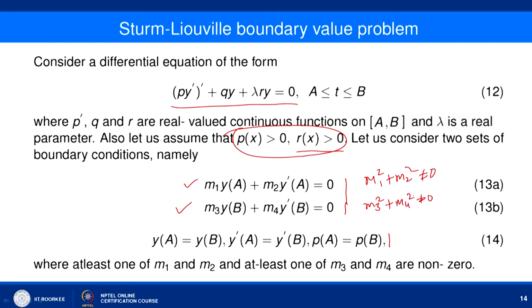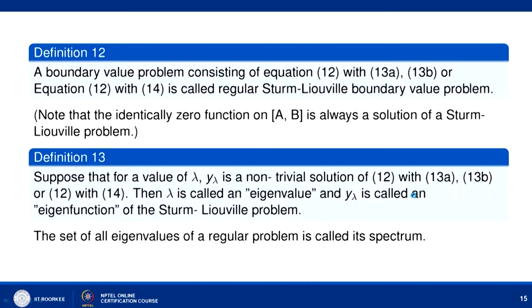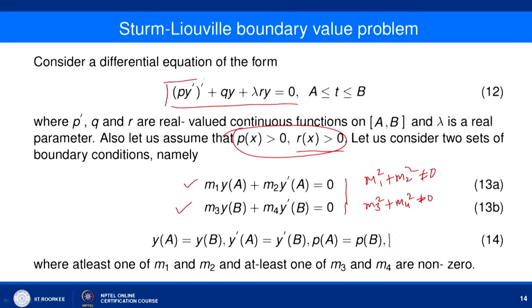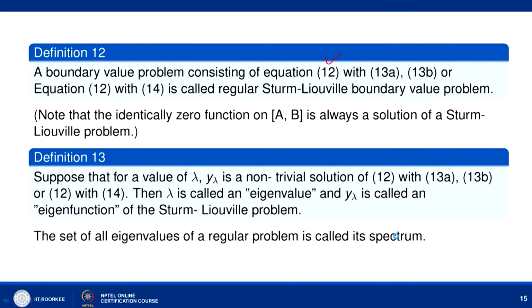At least we are saying that these are not trivial boundary conditions. A boundary value problem consisting of equation number 12, the Sturm-Liouville equation, along with the boundary conditions, whether 13a, 13b or 14, is called a regular Sturm-Liouville boundary value problem.